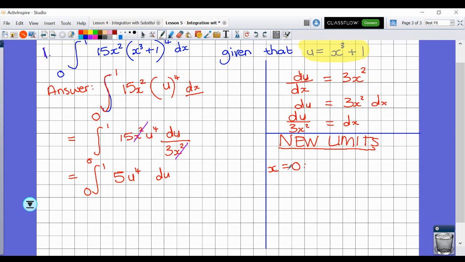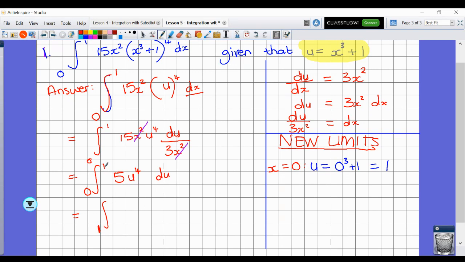If x is 0, and you swap x is 0 into that, what you're going to get is u equals 0 cubed plus 1, which is just going to be 1. So your lower limit is just going to be 1 in this case.